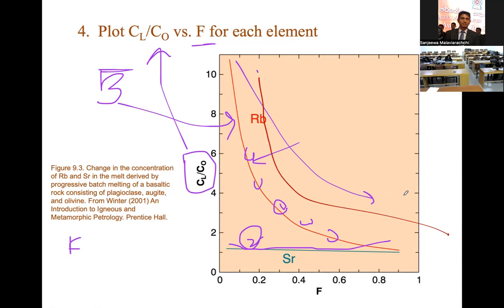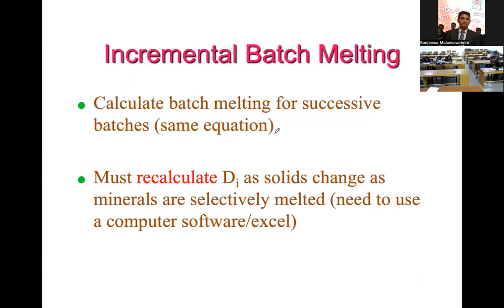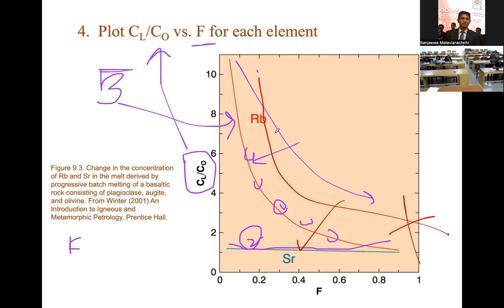So in that case you can ignore this one, and you can say that our rock was behaving according to batch melting, not incremental melting or anything, right? Something like that. So this is the idea behind this melting modeling equation, right?